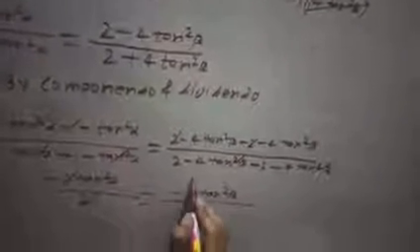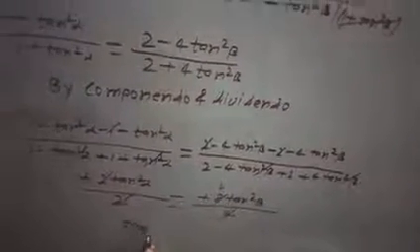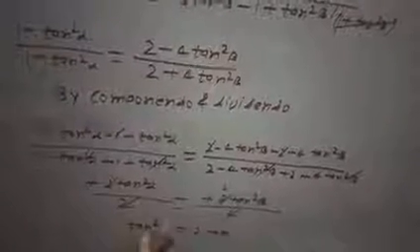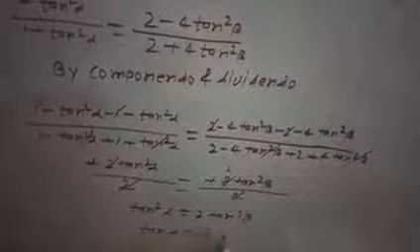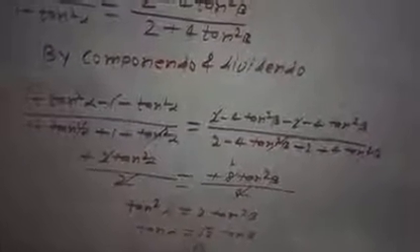Now 4 2s are 8, and this minus cancels. So here tan square alpha equals 2 tan square beta. So in the next line, tan alpha is equal to root 2 tan beta, and this is what we need to prove. Have a look.